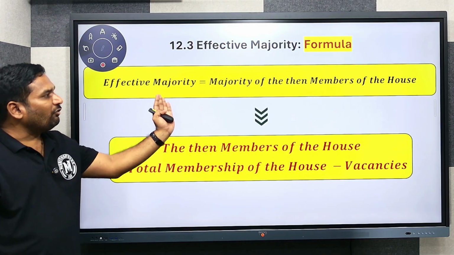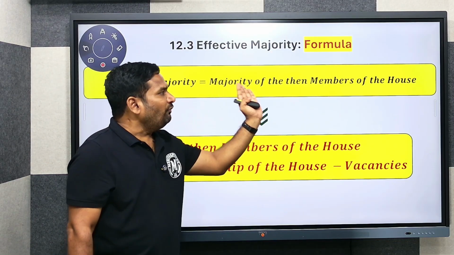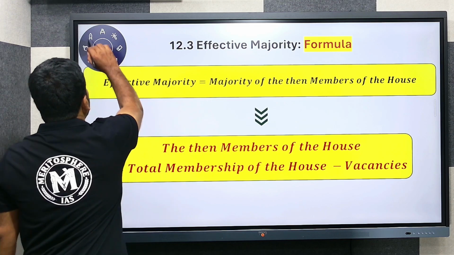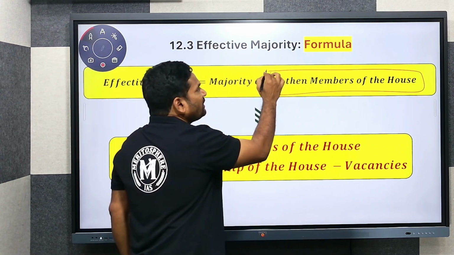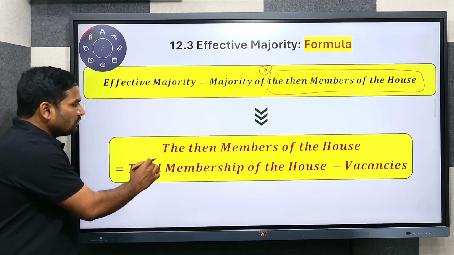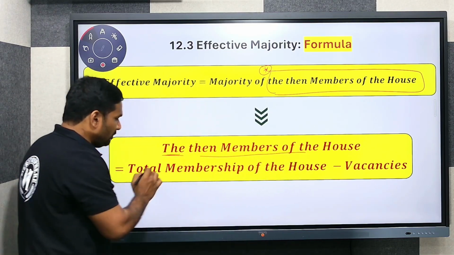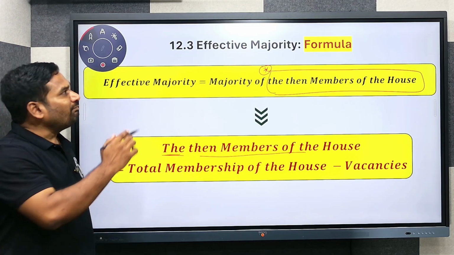Now we enter into the formula. Effective majority equals majority of the then members of the house. Now we have to see what the then members of the house is. The then members of the house is equal to total membership of the house minus vacancies.